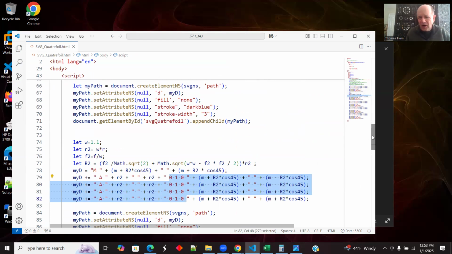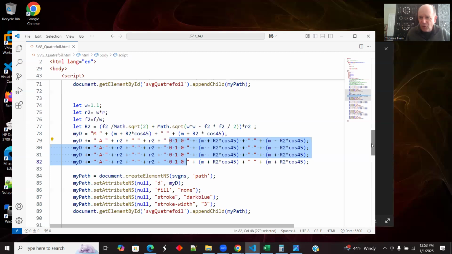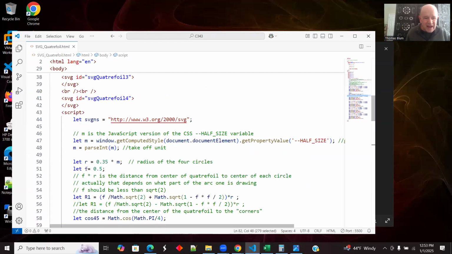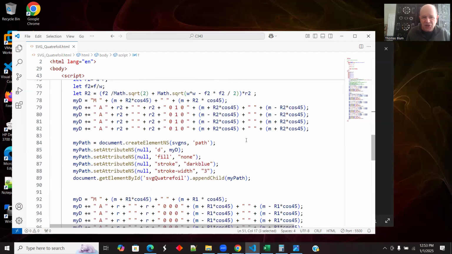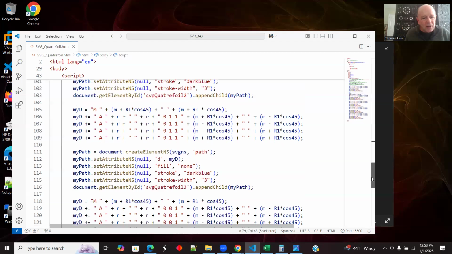So for this f of 0.5, this adjustment works, but it won't necessarily always work because the calculation is based on what part of the circle I'm drawing, and if that gets changed, then all bets are off. All right, that's what I wanted to show.